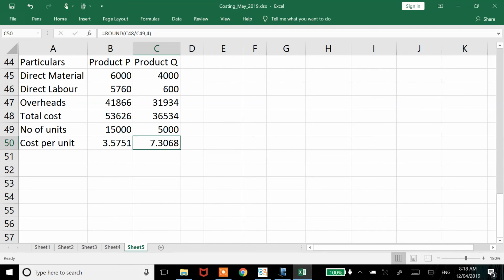Overheads is something which you have calculated, and you write the number which you have calculated in the earlier working note.